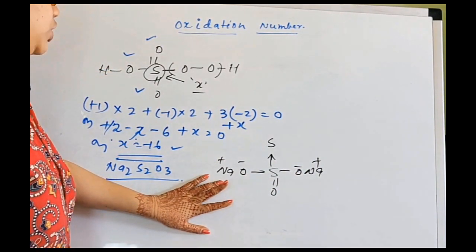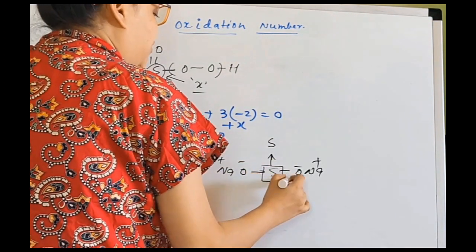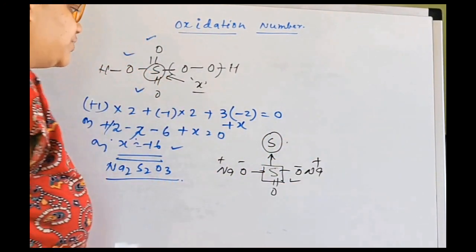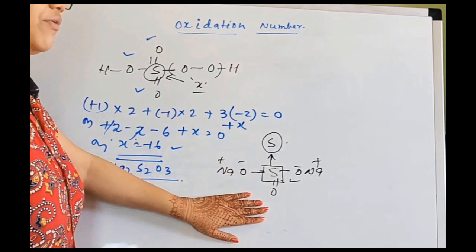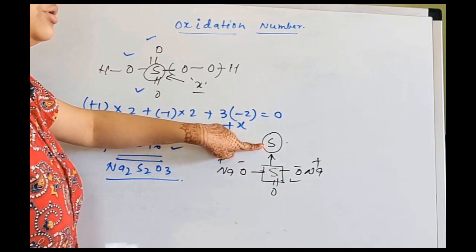Here you have to find the oxidation number of this sulfur. But here this sulfur is associated with the first sulfur with a coordinate bond. Coordinate bond is an unstable bond. Why? Because it draws electrons of this bond to itself.